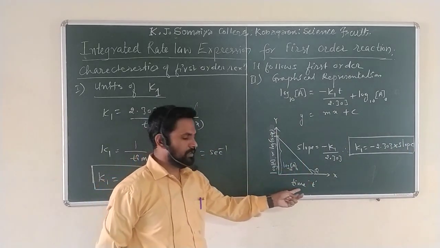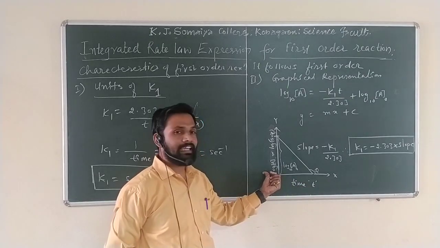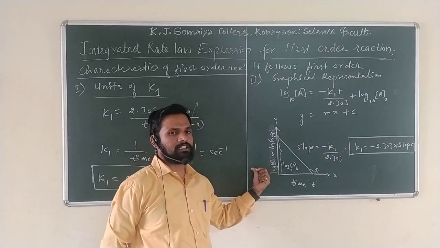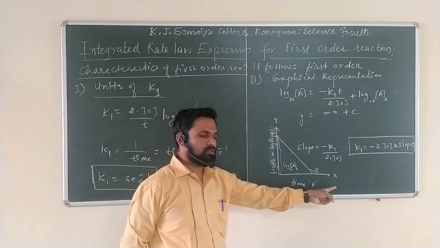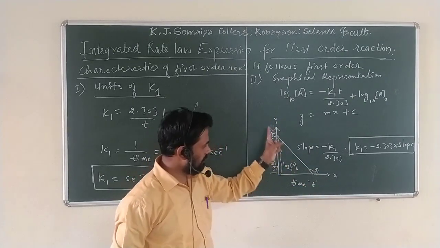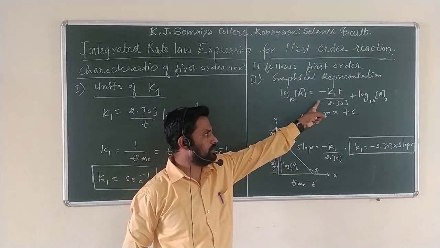First of all, you have to plot a graph of log A, the remaining concentration at that time, on the y-axis with respect to time on the x-axis. You will get a straight line with a negative slope, which represents minus K1.